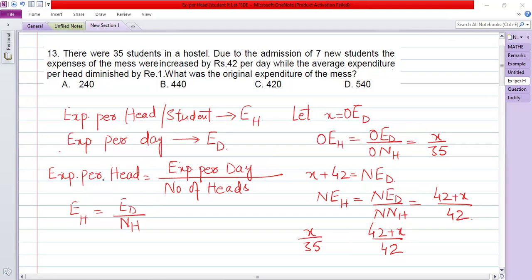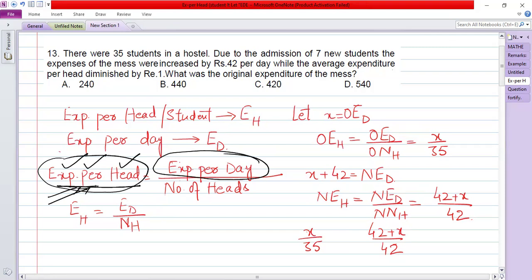In the previous method, I had assumed the expenditure per head as X. That's why there were two values: one was the original value of expenditure per head, and the other was the new value of expenditure per head.